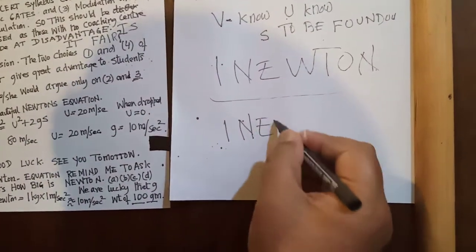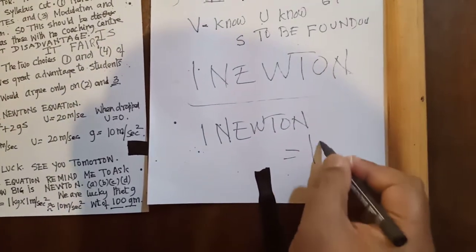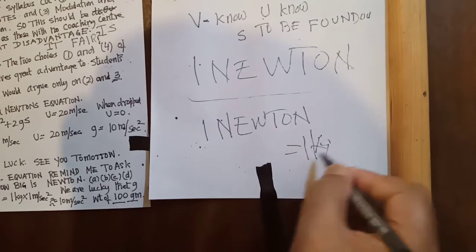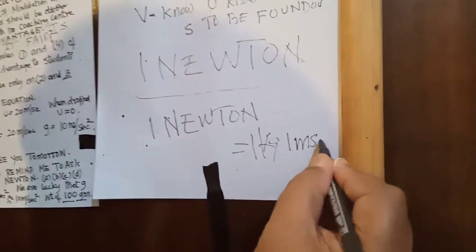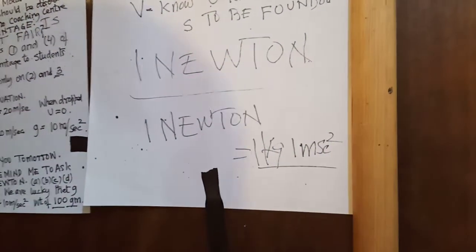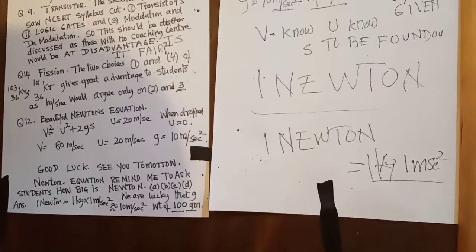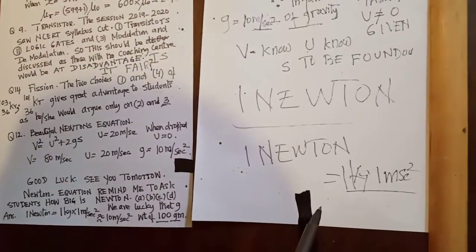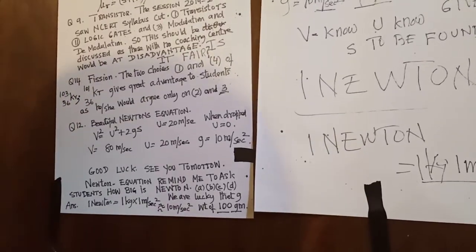1 Newton is 1 kg meter per second square. A force acting on 1 kg, if the acceleration is 1 meter per second squared, that is 1 Newton. So now what we will do?